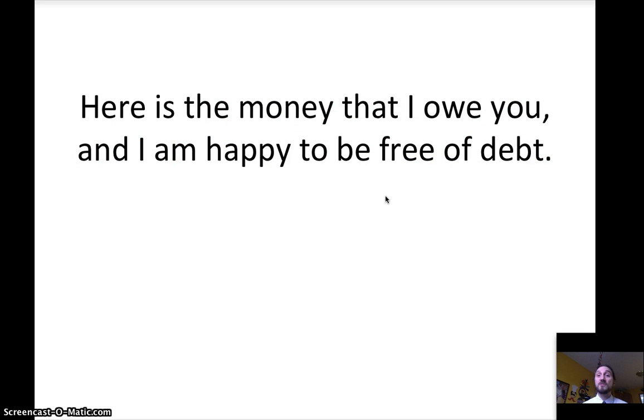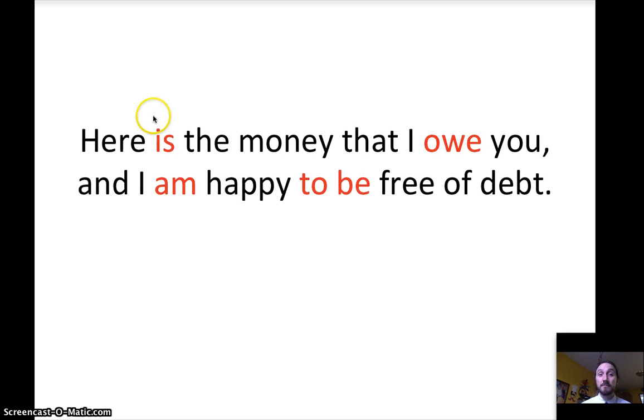Alrighty, here is the money that I owe you, and I am happy to be free of debt. Here is the money, is, owe, am. I am happy to be free of debt. So, who is or what is the money. Who owes?